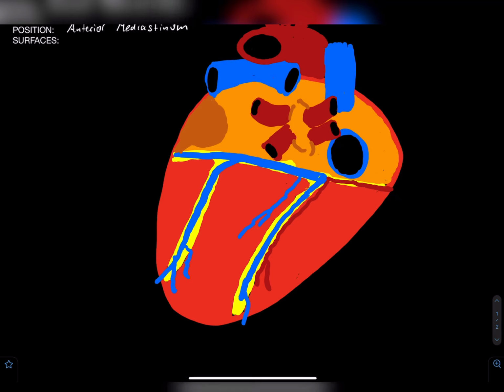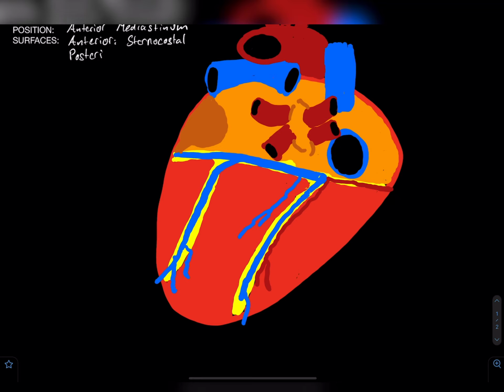It has two surfaces, the sternocostal surface, which is the anterior, we already covered in another video. And now we're going to talk about the most basic structures of the posterior aspect of the heart, the surface that is also called the diaphragmatic surface.